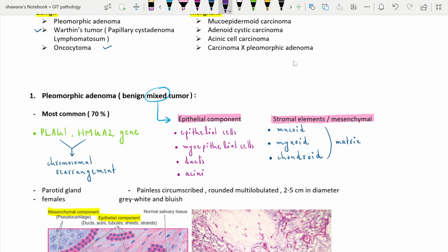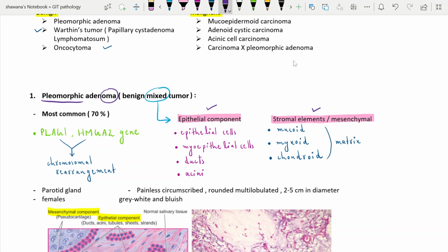As the suffix "oma" suggests, it's a benign tumor, and pleomorphic means it has a mixed morphology. It contains two components, an epithelial component and a stromal component.